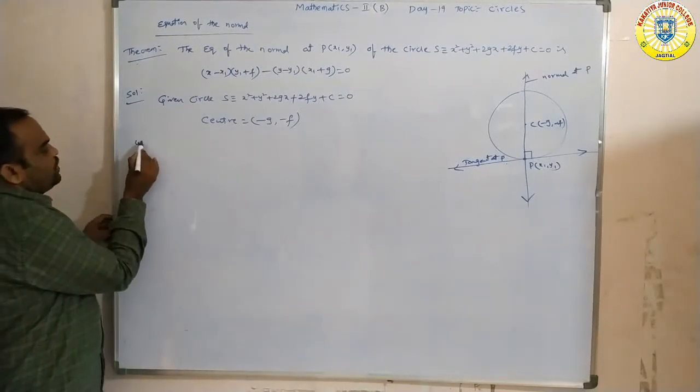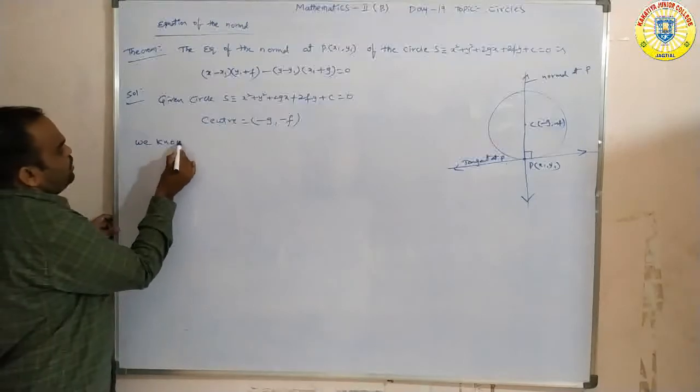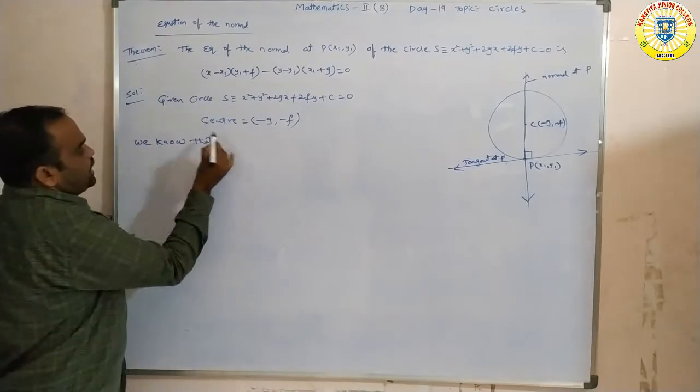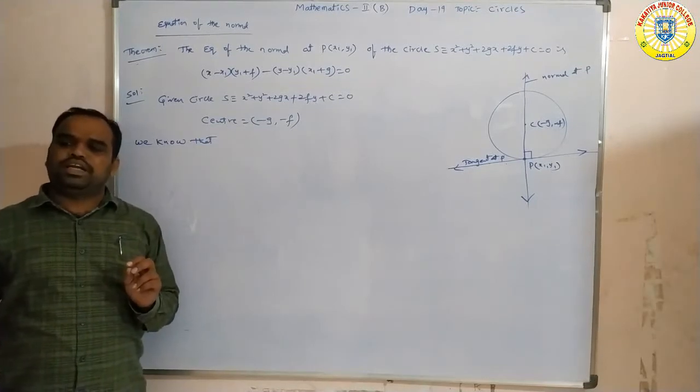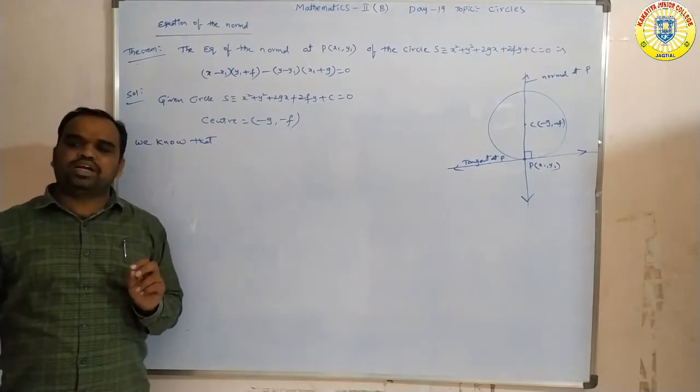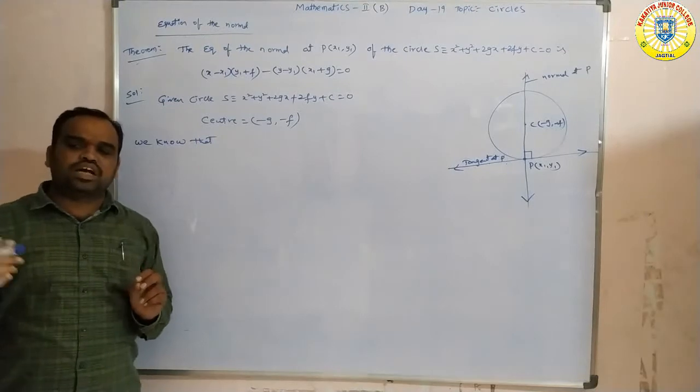We know that every normal at any point, not only at a point, at any point, passes through the center of the circle.